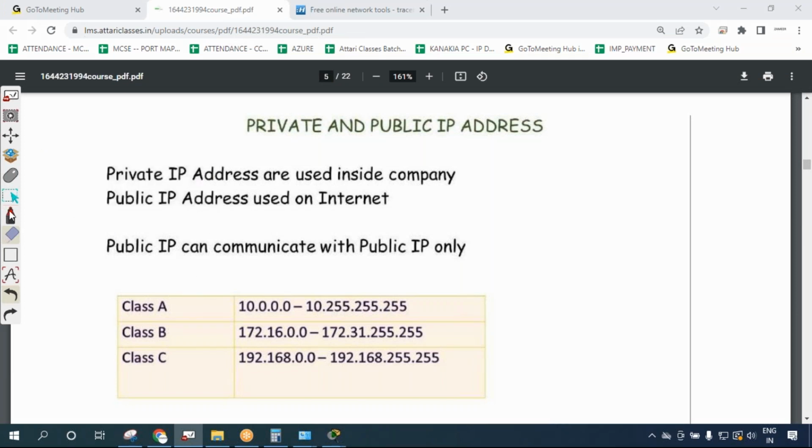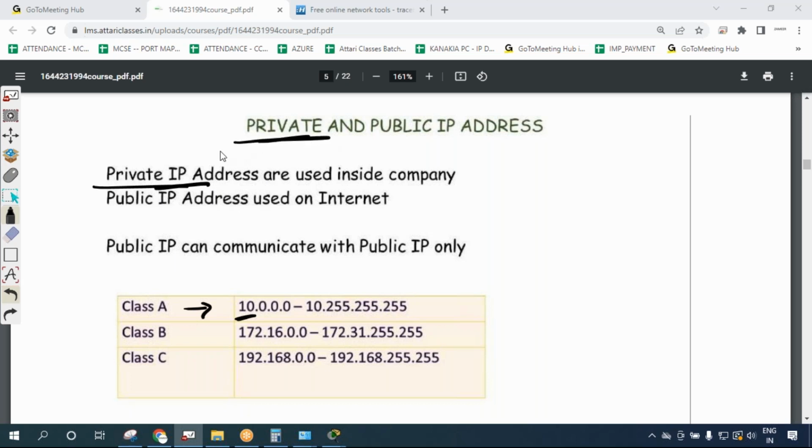From class A, we have taken the 10 range. IP addresses starting from 10 are reserved, meaning they are private IP.